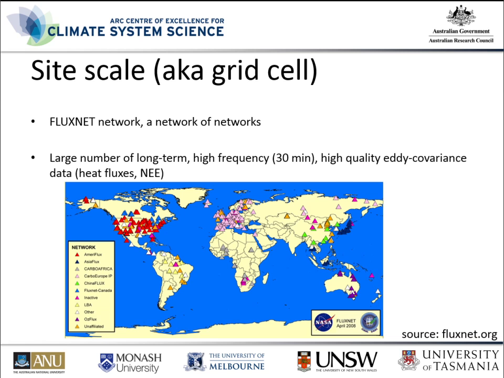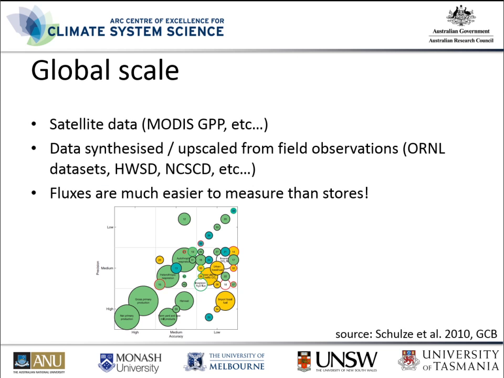I mean, this is the Sahara, so maybe not much in terms of carbon exchange. No offense. But here, say in the Congo region, which is a very green area, it would be very interesting to monitor what's going on in terms of forest, etc. At the global scale, thankfully we have satellite data, so MODIS products, etc. But we also have synthesized data, which are empirically upscaled from field observations.